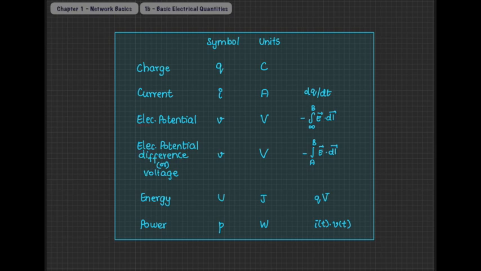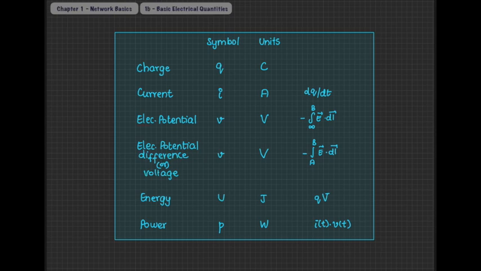Then we discussed electric potential difference, or voltage, which is the amount of work done in moving a unit positive charge from one point to another point. The symbol for it is V, or more specifically V_AB, where it is the potential of B with respect to A, and the unit for it is the volt.